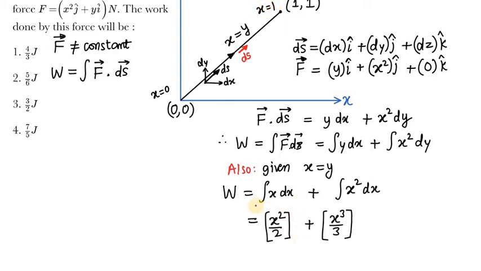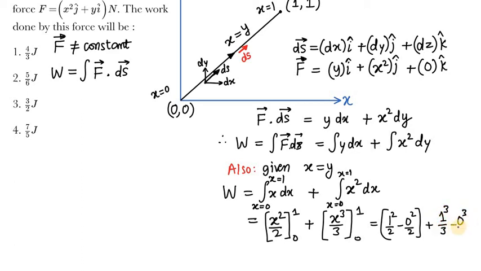So the lower limit is x equals 0 and the upper limit is x equals 1. Putting the same limits from 0 to 1, we get 1 squared by 2 minus 0 squared by 2 for the first bracket, and 1 cubed by 3 minus 0 cubed by 3 for the second bracket.